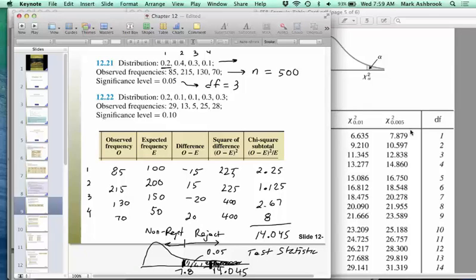With 3 degrees of freedom, notice this number right here is still not quite 14. And what p-value is that? The p-value for 12.838 is 0.5%, or 0.005.